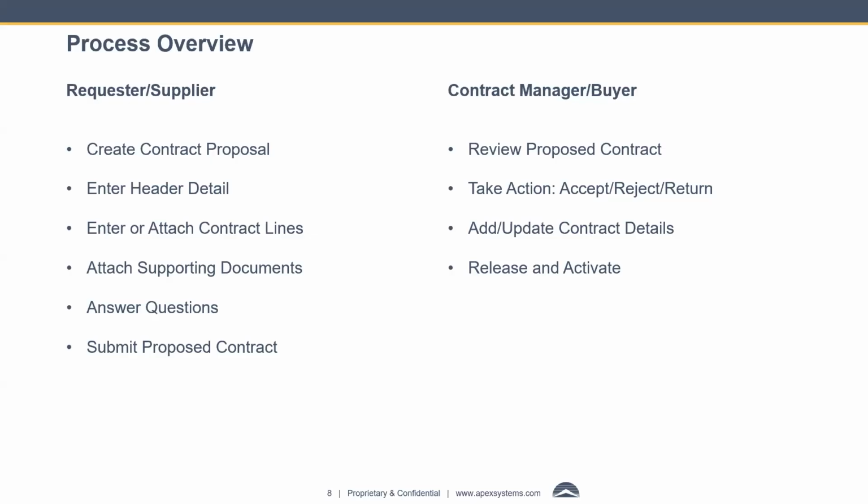The contract manager or the buyer will then review those proposed contracts, and then they will need to take an action. They can accept, reject, or in some cases, return the contract proposal for more information. The contract manager and buyer can also add or update contract details and then release and activate the contract. So this streamlined path should help us reduce redundancy and ensure documentation compliance is maintained throughout the process.